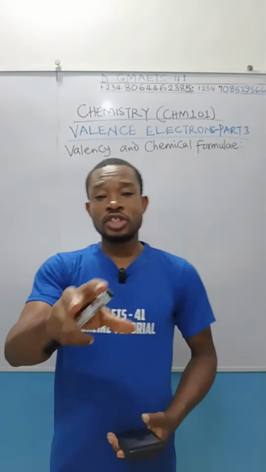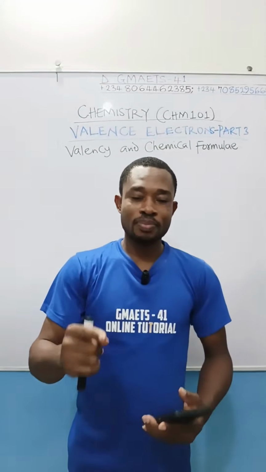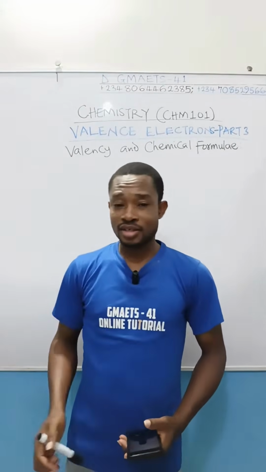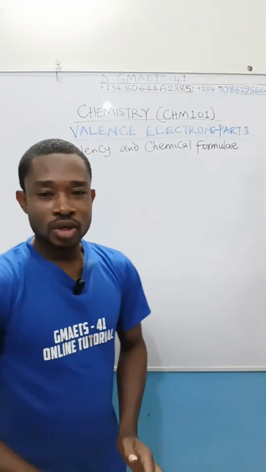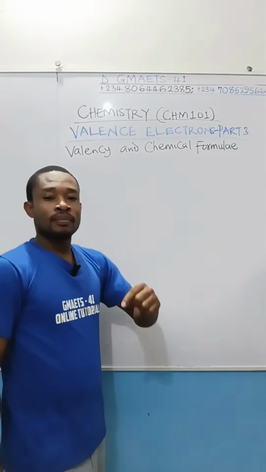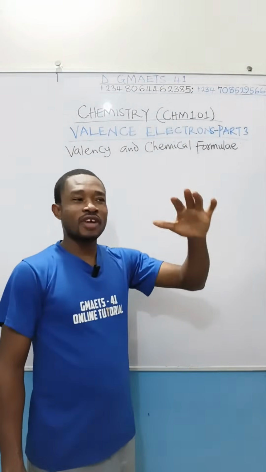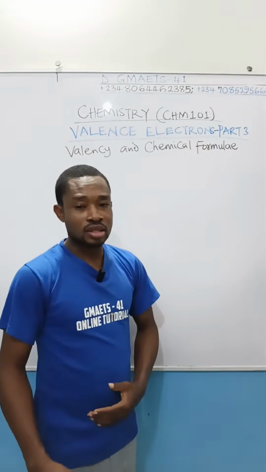If you have done your own work, which is very important from our previous class, by now you would have learned the valencies of our first 20 elements at least.